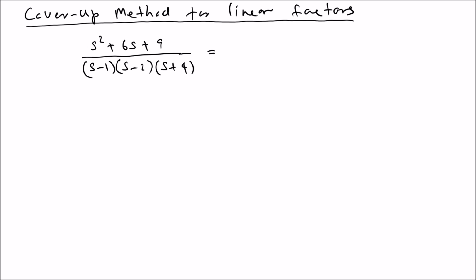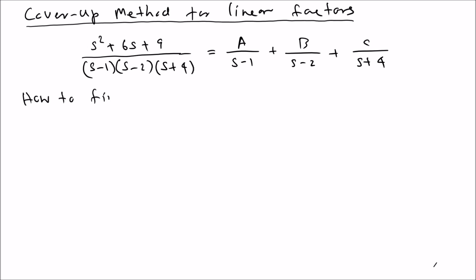So the goal is we have a over s minus 1 plus b over s minus 2 plus c over s plus 4. The question is how to find a, the coefficient of s minus 1. That's the term we need, so we carve out the corresponding one.